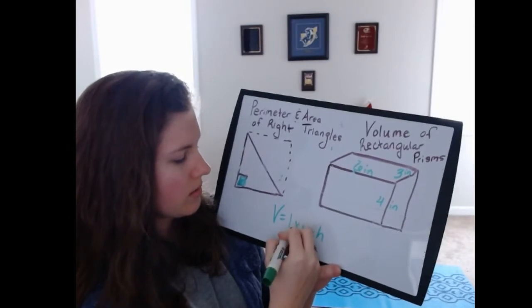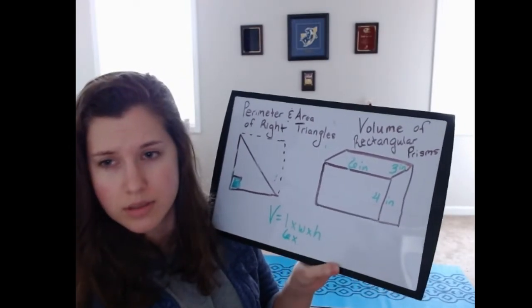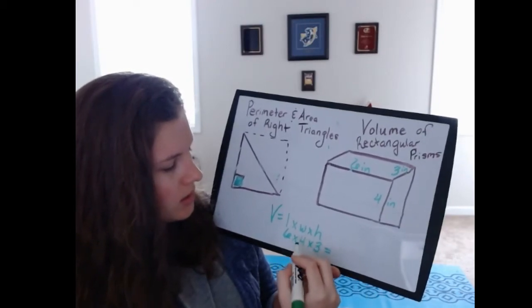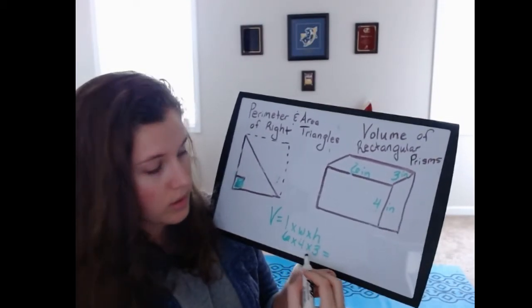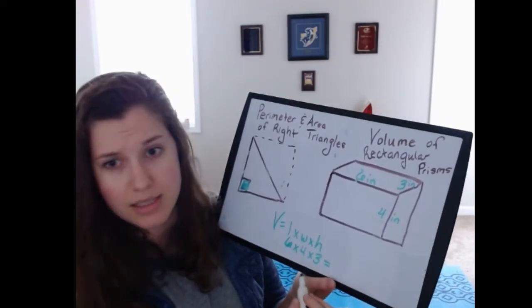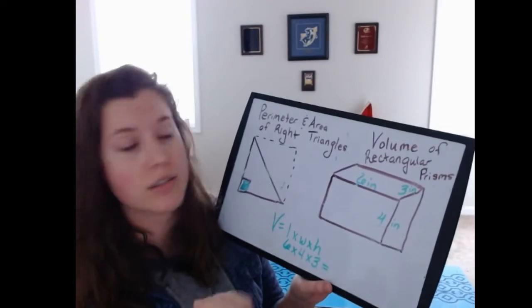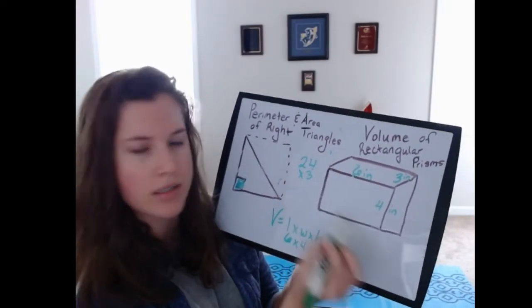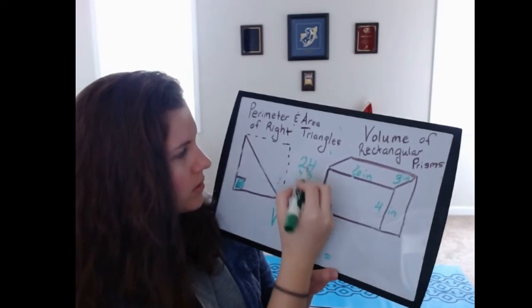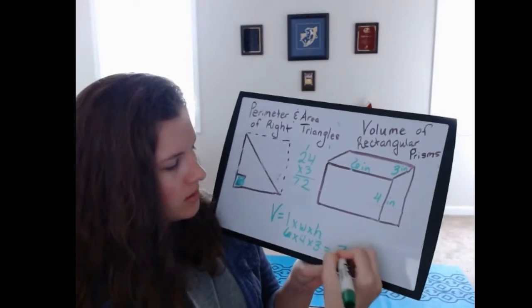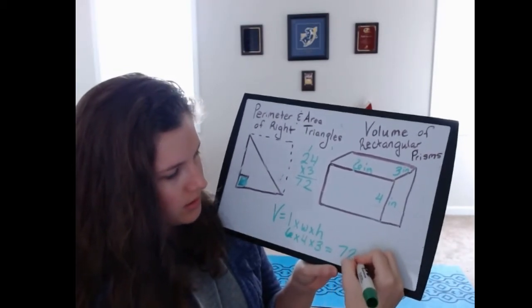So 6 times 4 times 3. 6 times 4 is 24. 24 times 3 is, if you don't know that off the top of your head, which I certainly don't, you just multiply it out. 24 times 3. 4 times 3 is 12, carry your 1. 2 times 3 is 6, plus 1 is 7. So that would be 72 inches.